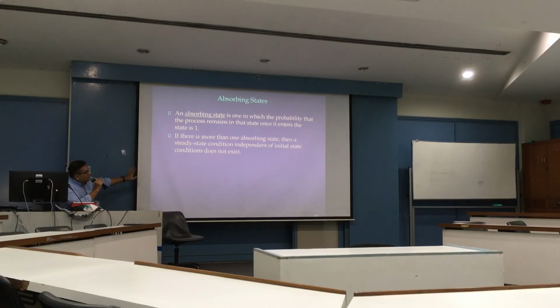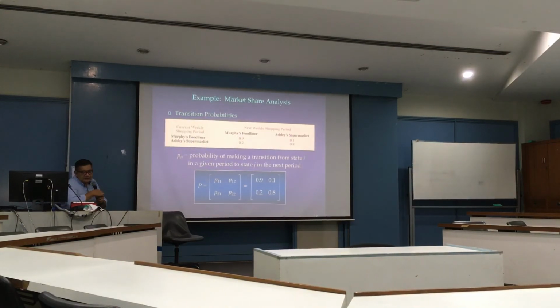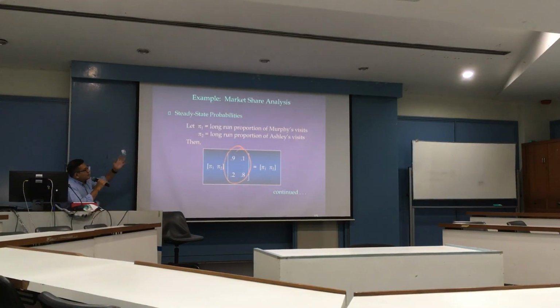Okay, so we are not studying this one, I've just mentioned it. Based on the Markov chain that I told you today, at least I want you to understand the transition probabilities and the long run. If you want to calculate the long run, you can use this concept: the current state multiplied by the transition probability equals the next state, but the next state has the same value as the current state.